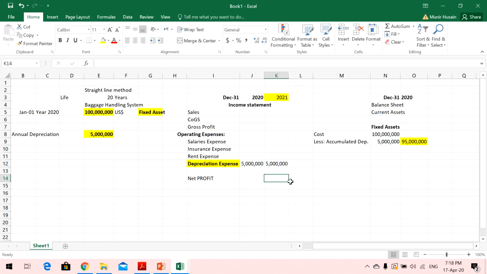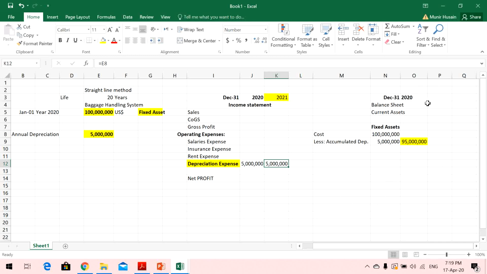I'm just giving you the example. So you will have the net profit for 2021. Now, if I have to prepare for 2 years, how much is the total depreciation? In 2021 it is depreciated by another 5 million, so the total depreciation is 10 million.